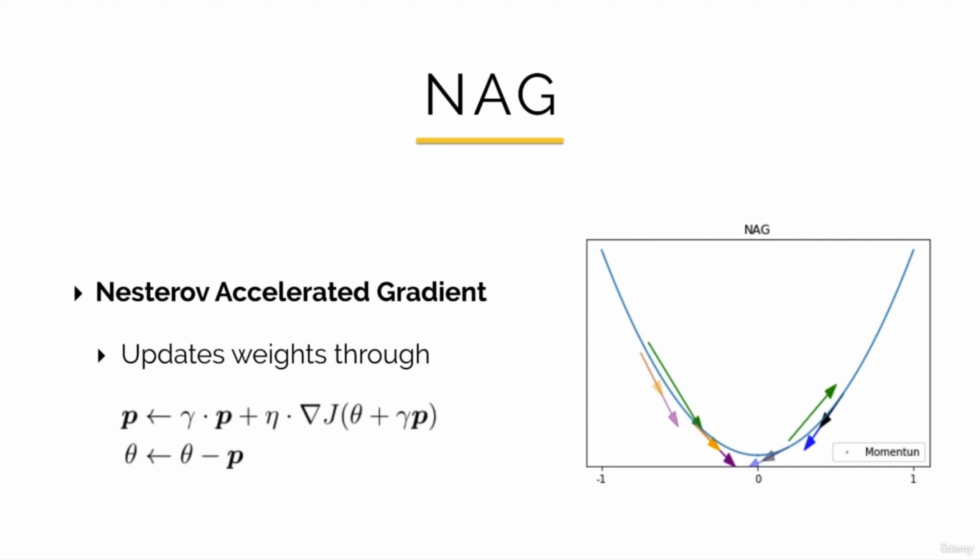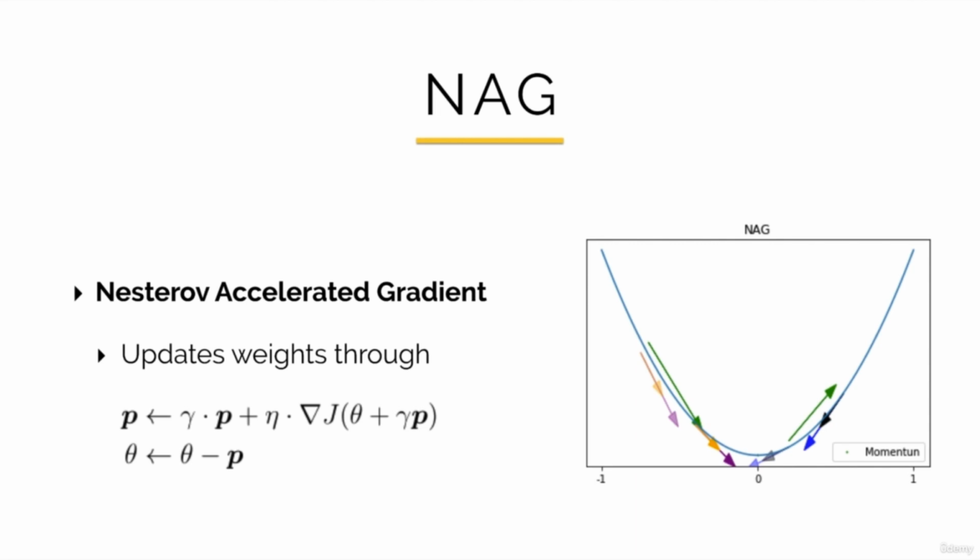So we can see that our current step would be those more transparent arrows, and our step at the current weights plus the momentum would be the more opaque arrows, the more colored ones. A nice thing about that is that the optimizer looks a little bit into the future, in quotation marks, or at the next step.